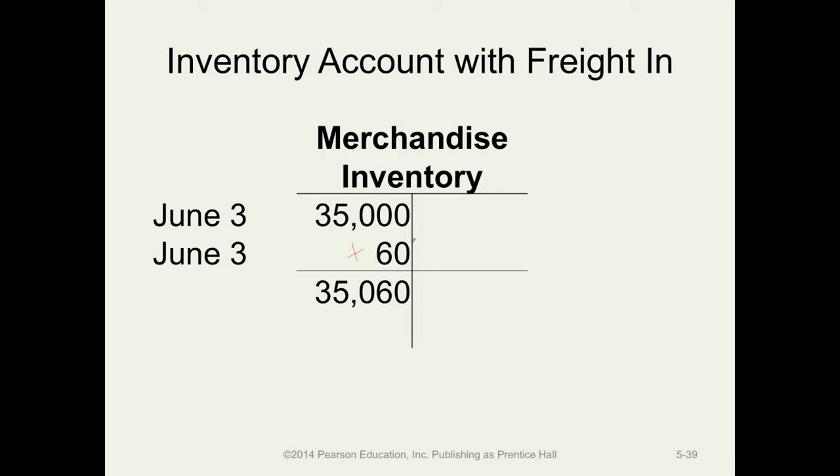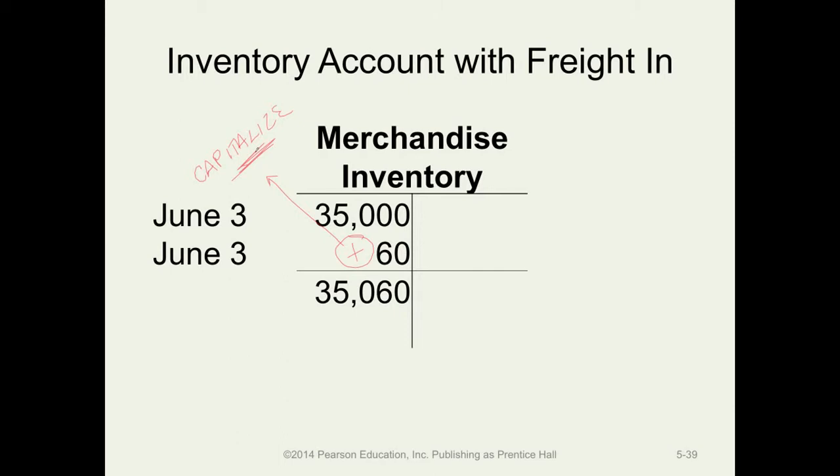So anytime you pay reasonable and necessary expenditures that are needed to have the inventory or any asset in its place and ready for its intended use, it gets capitalized or added to the cost of the asset. So when we add to the cost of the asset, we say we capitalize it as well. So the term capitalization here is important, where we capitalize that account.